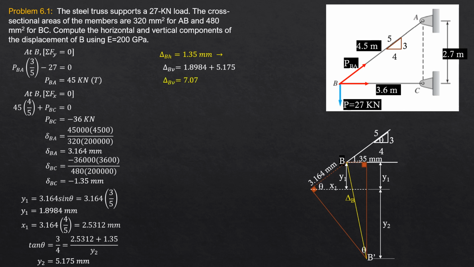So delta B vertical is 7.0734 mm downward. So take note that these components of displacements can also be computed by virtual work or by Castigliano's second theorem in structural theory subject. But this is the technique in the mechanics of materials.